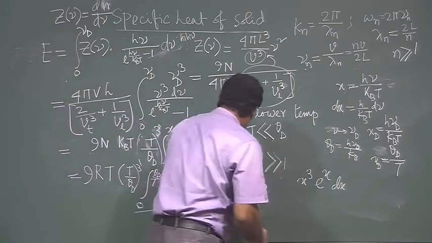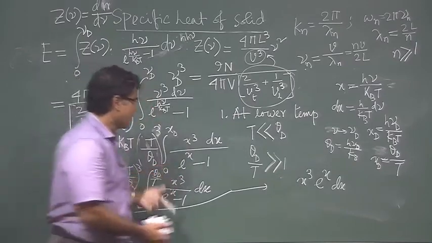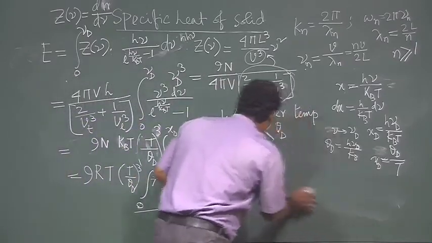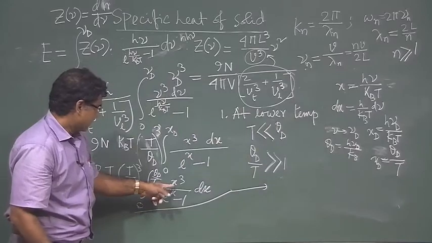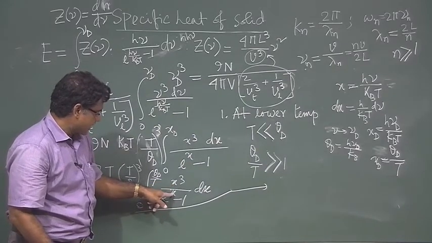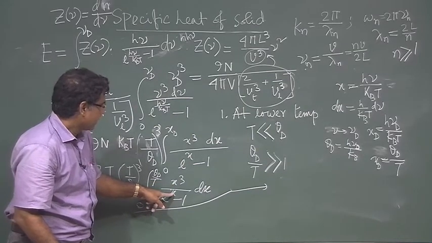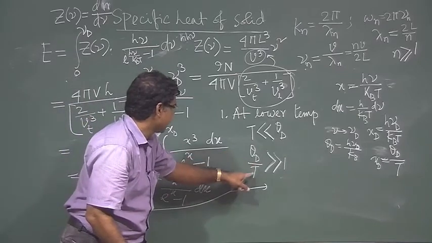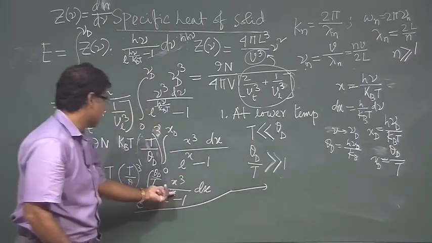This way one can consider this, and the other way, I think an easier way, one can do that. In this case theta D by T is very much greater than 1, x is very much greater than 1.